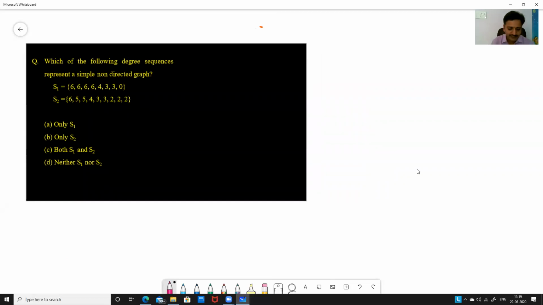First, I want to see whether S1 is representing a graph or not. This is the analysis for S1: 6, 6, 6, 6, 4, 3, 3, 0.